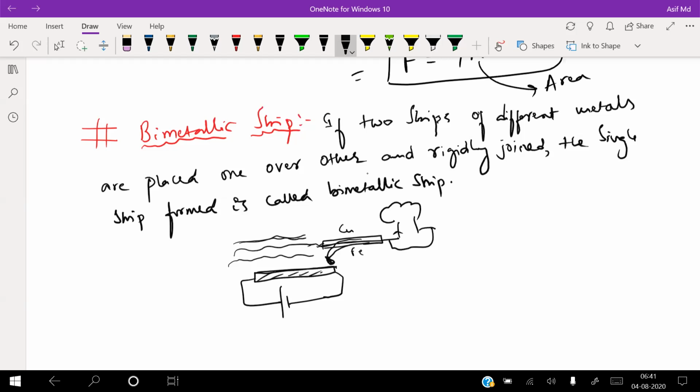The moment current flows, the alarm starts ringing. Once things come back to normal, the bimetallic strip detaches from here and goes back to the normal position. That is how the bimetallic strip works.